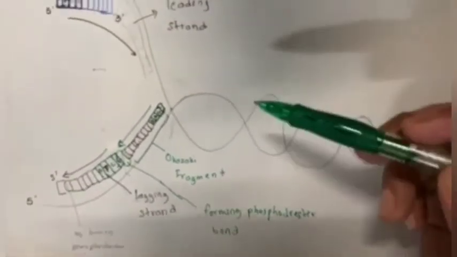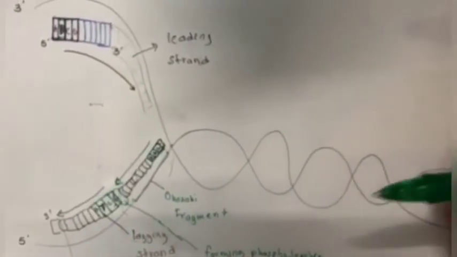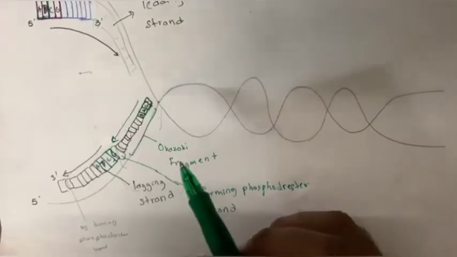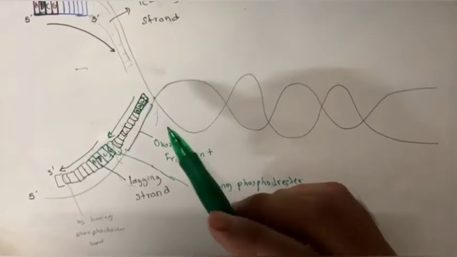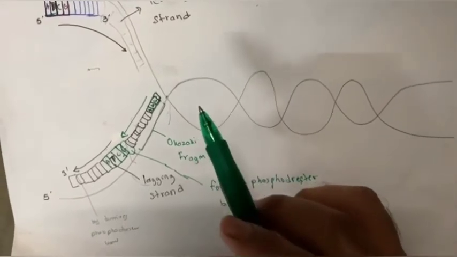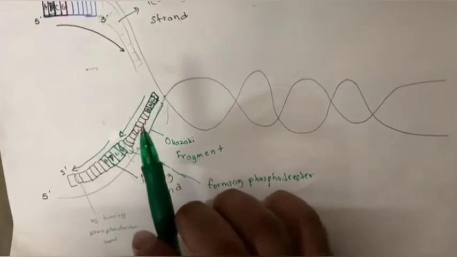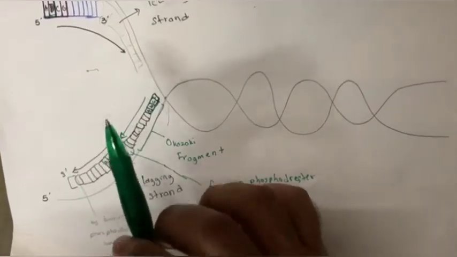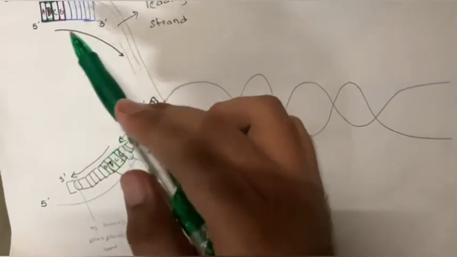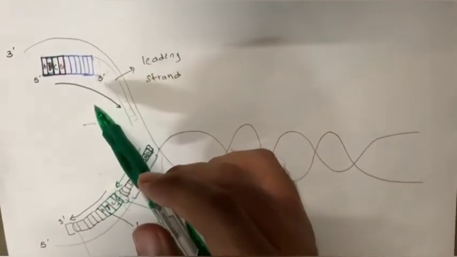So now we see that this replication proves that it follows the semi-conservative theory, because when a new strand forms, it recoils back with the template strand.